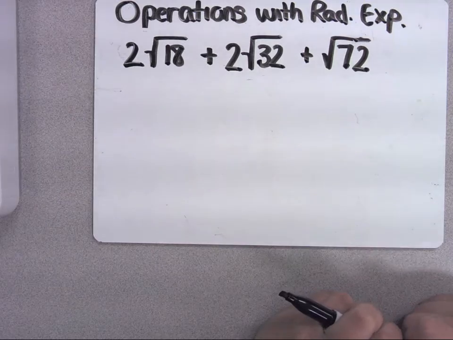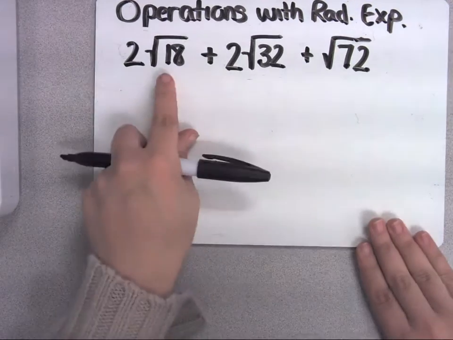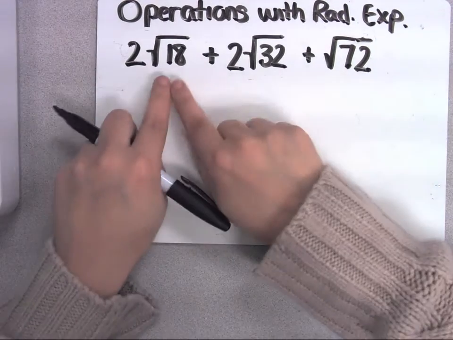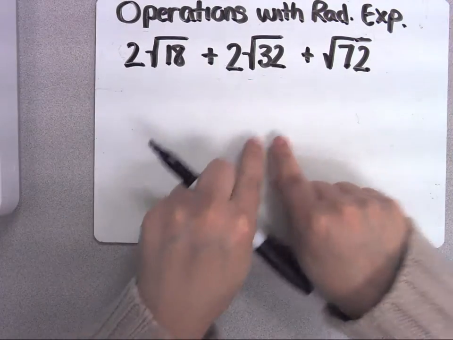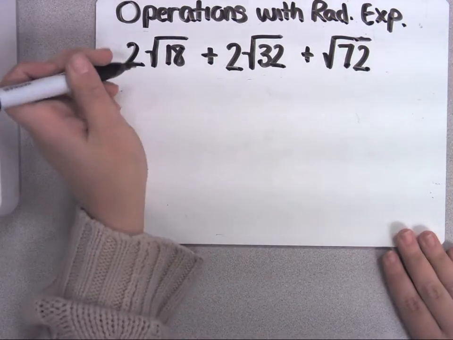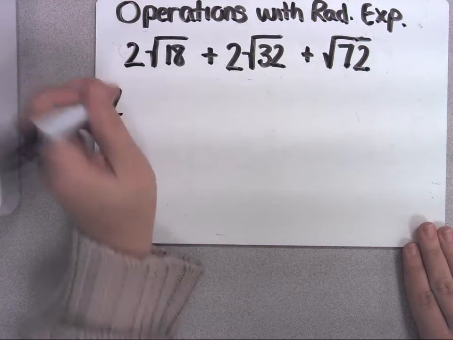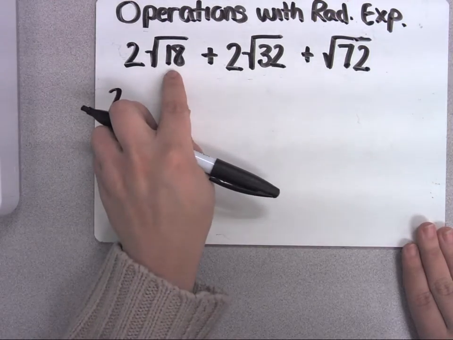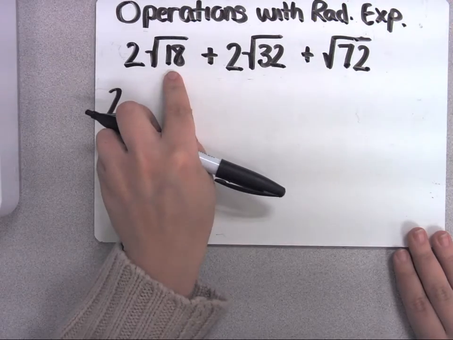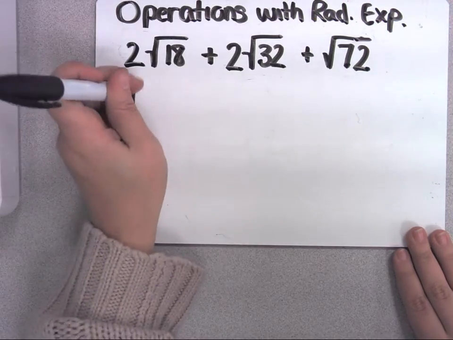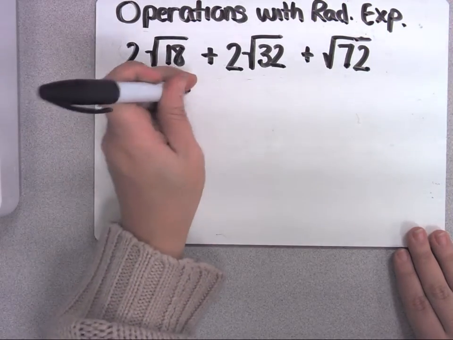No. So that means we're going to want to look at each one individually and say, can this number be simplified, and rewrite each radical and just keep them in the spot they're in? So this, we still have a 2 on the outside. Can I break this down into a squared times a number? Yep, 9 and 2. Square root of 9 times square root of 2.